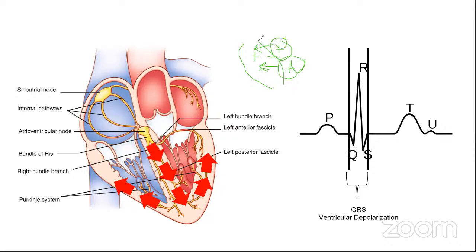So there actually has to be a separate process to move these things outside of the cell, and the cells have to reset. That resetting phase is called repolarization. So depolarization means activation. Repolarization is the reset to get ready for the next signal.